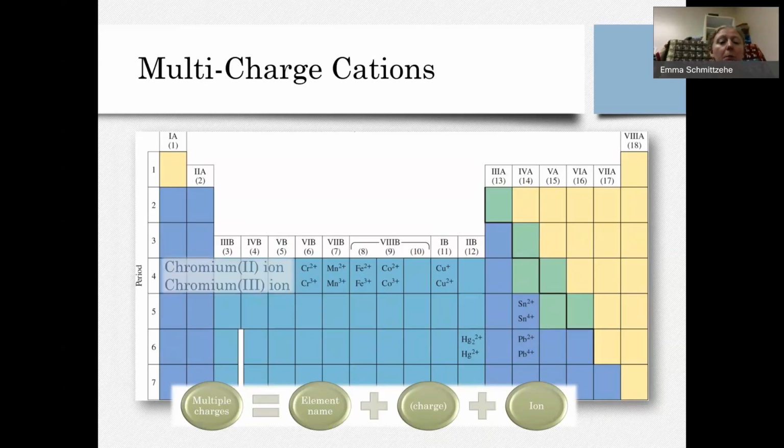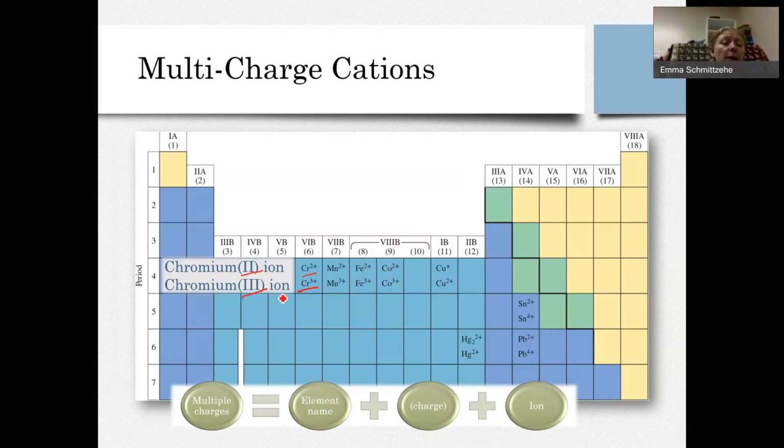Okay, so for instance, if we look here at the Cr2+ and the Cr3+, that's two different ions formed by the same metal. Okay, so two different cations, two different charges. So both of them are named chromium, right? But the first one has a 2 in Roman numerals, and the second one has a 3, okay?